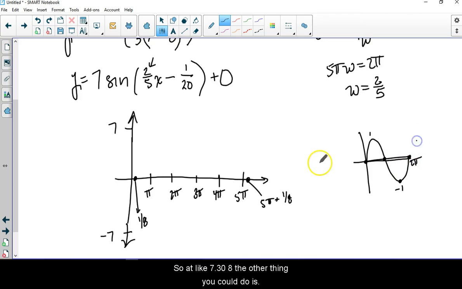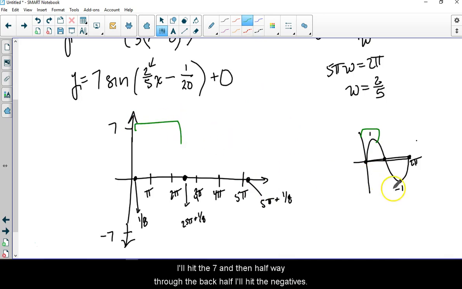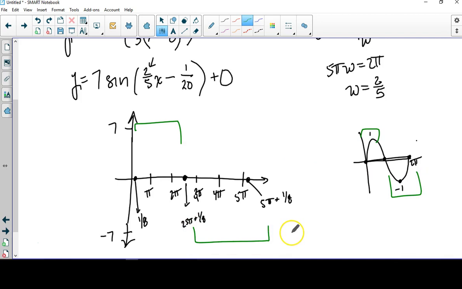The other thing you could do is, if you know half of 5 is 2.5, you can say, well, how about 2.5pi plus an eighth? That works too. And that's where I'll intersect. Halfway through this first half, I'll hit the 7, and then halfway through the back half, I'll hit the -7.